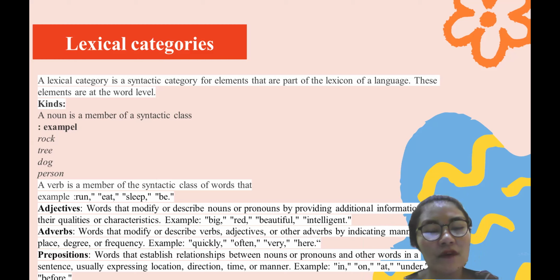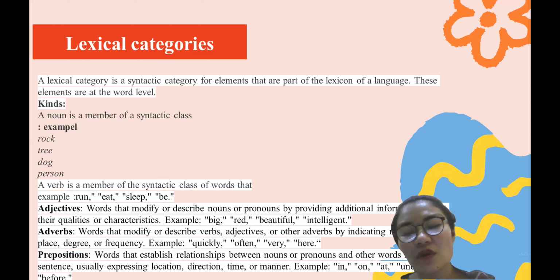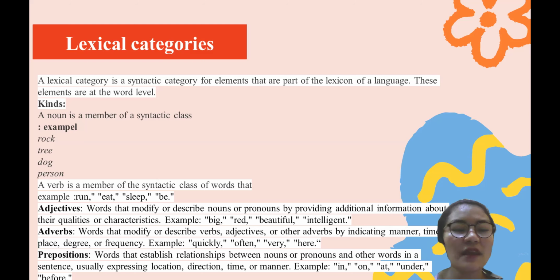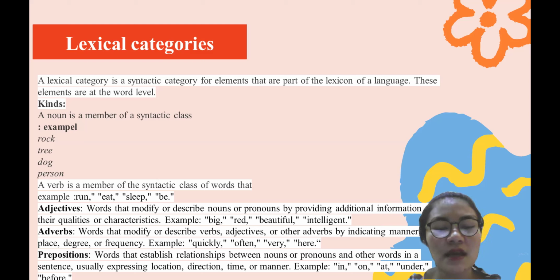Prepositions are words that establish a relationship between nouns or pronouns and other words in a sentence, usually expressing a location, direction, time, or manner.